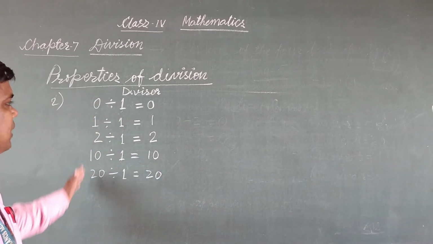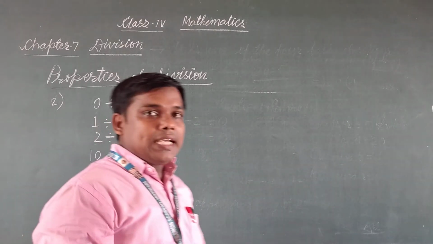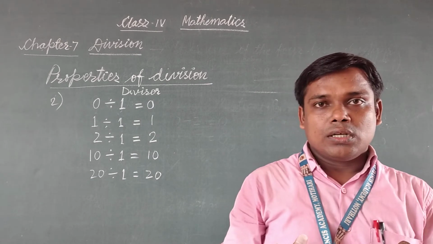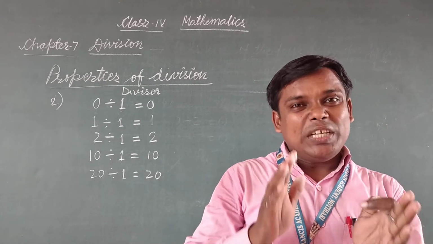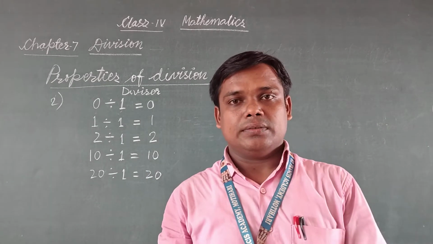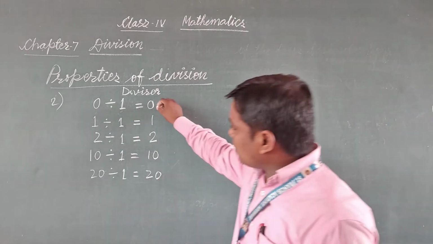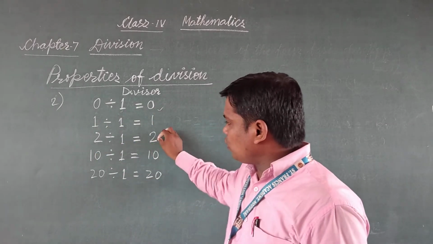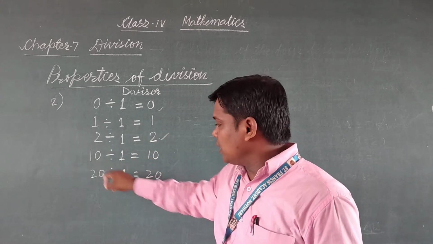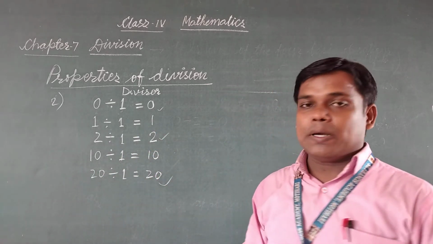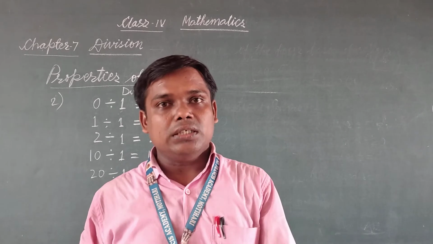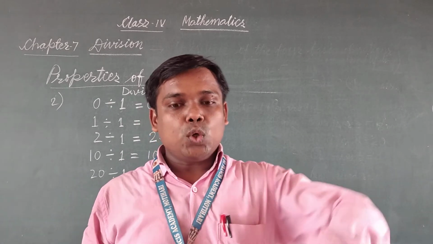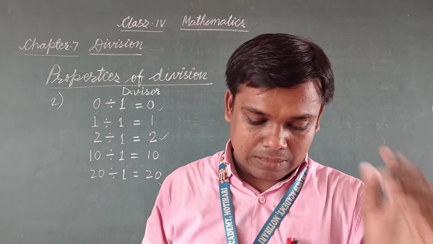From these examples it is clear that any number which we divide by 1, our quotient will be the number itself. As 0 divided by 1 gives 0, 2 divided by 1 gives 2. So this is our second property: when the divisor is 1, the quotient will be the number itself.